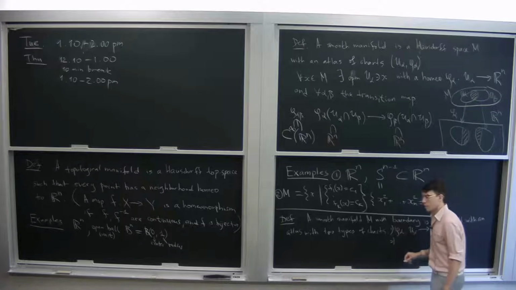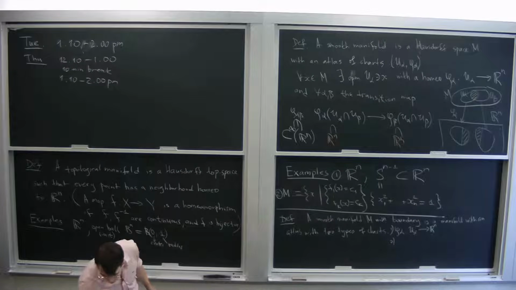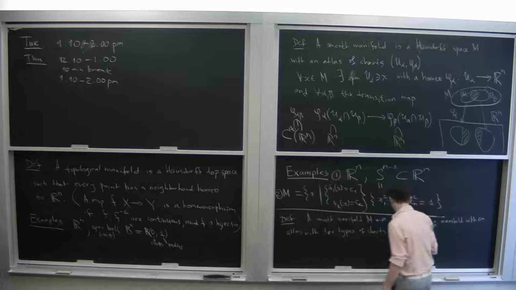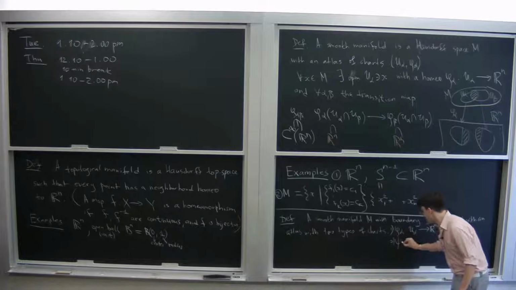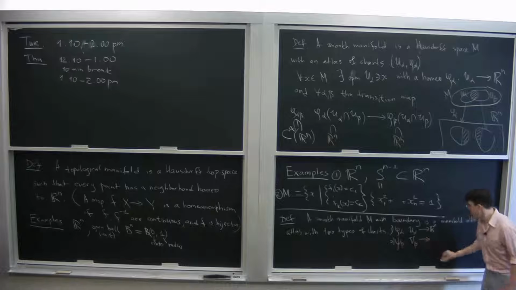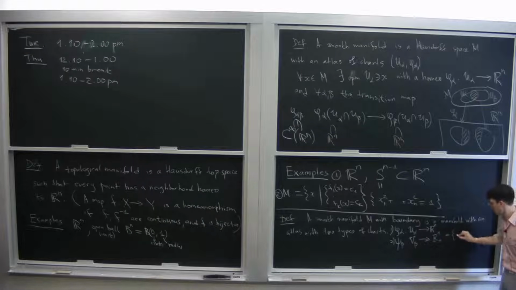And the second type, I don't have any nice notation, so let me use psi beta, defined on V beta, and it goes to Rn plus.